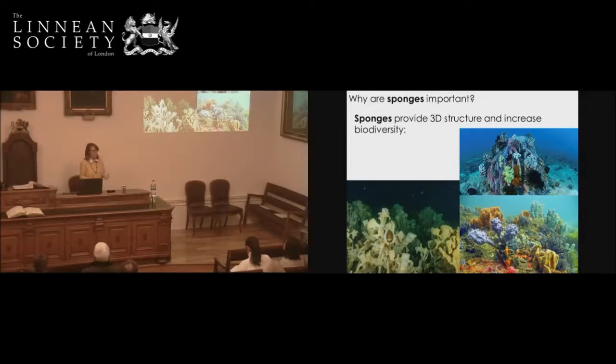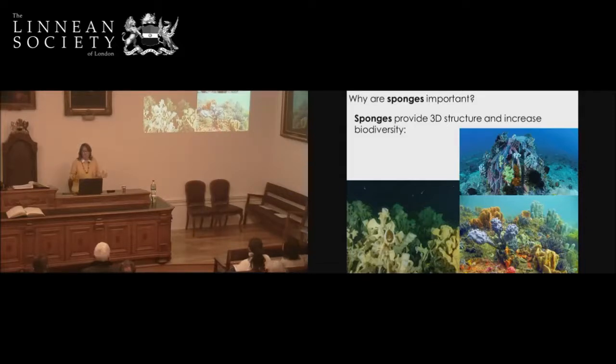But what do they do? They provide three-dimensional structure so other animals can use them as a house. So you can see one of these barrel sponges in the Indo-Pacific absolutely covered by crinoids. So they really use it as a structure. But it's the same thing in glass sponge reefs in the deep sea Pacific Ocean.